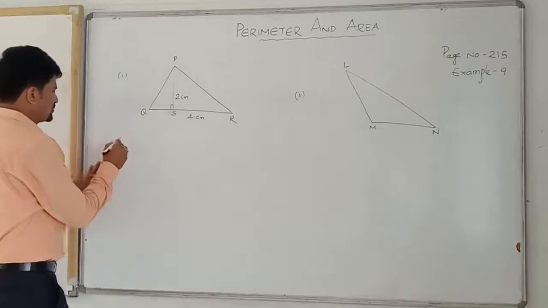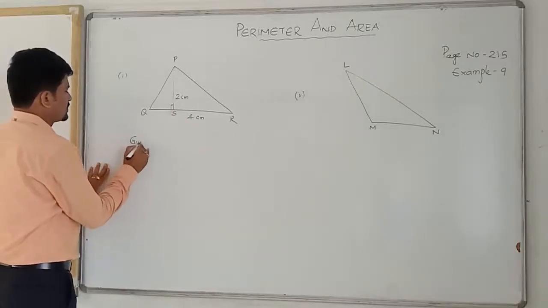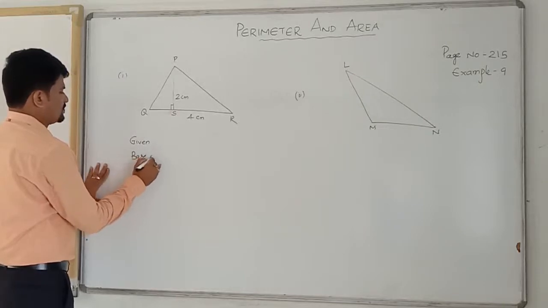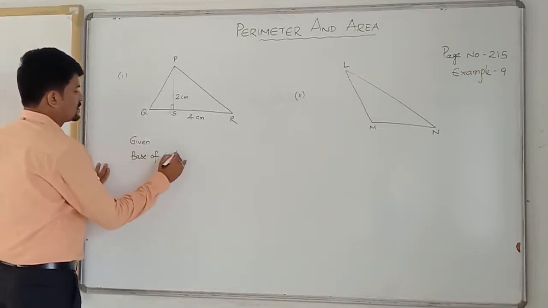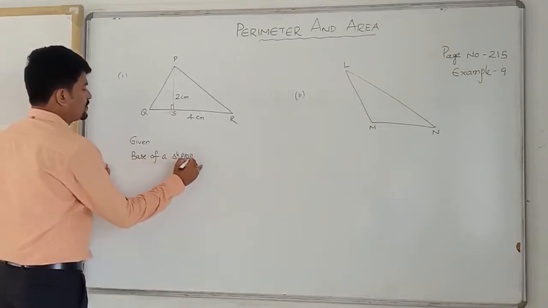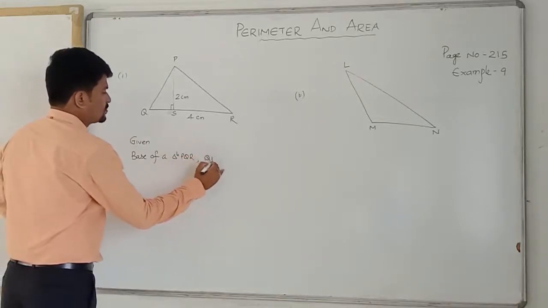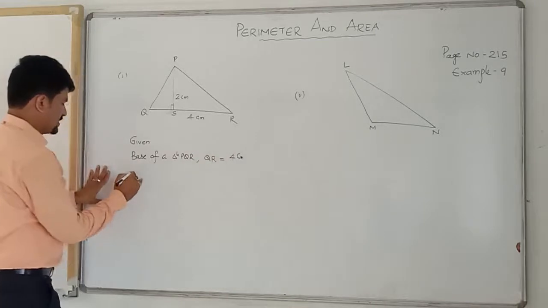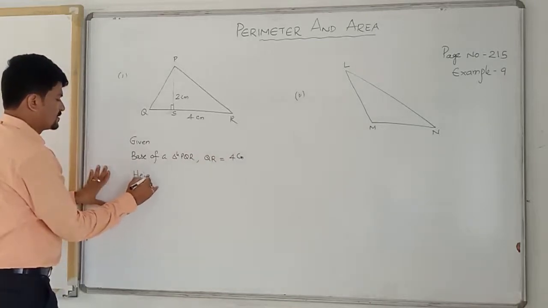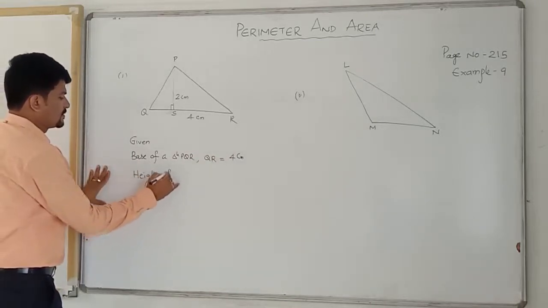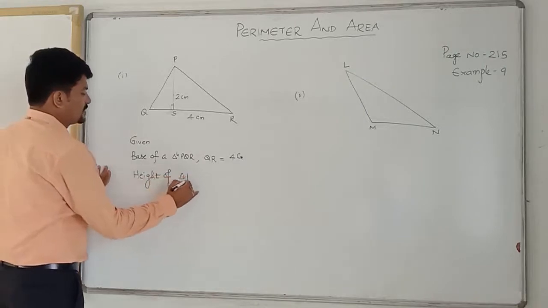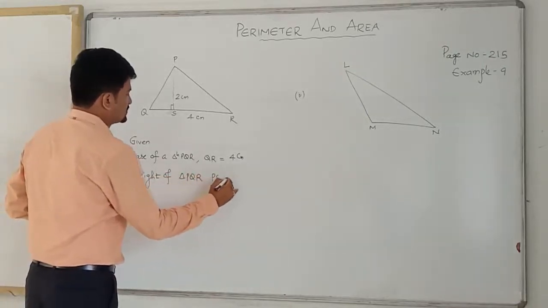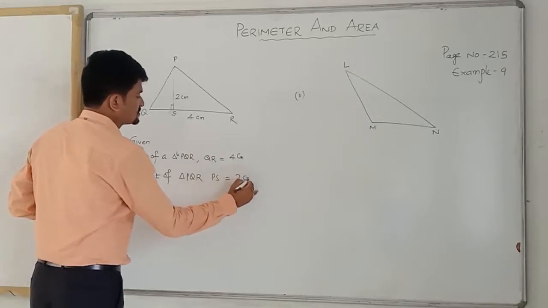That implies, given the base of triangle PQR, QR is equal to 4 centimeters, and the height of triangle PQR, PS, is equal to 2 centimeters.